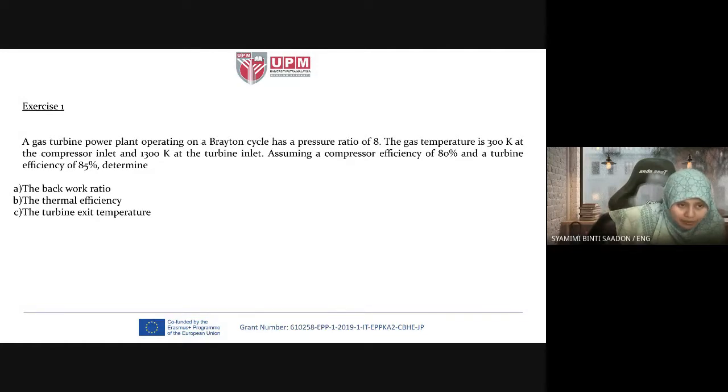The compressor work and the work done in the turbine. So we need those to calculate the work at those points, compressor and turbine. In order to calculate compressor and turbine work, we need to know the location.